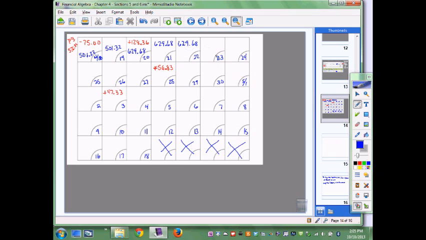Now you can write 629.68 on all the days, or if you want, you can do some other kind of notation to let you know that all of these days are the same. Depends on what makes the most sense to you. But when I get here, it's going to change again because I'm going to add 56.83, which will give me 686.51.